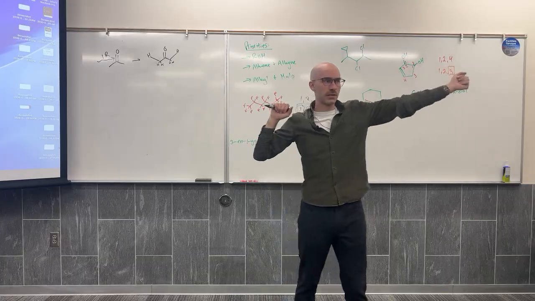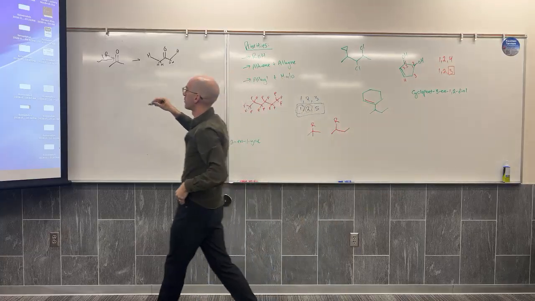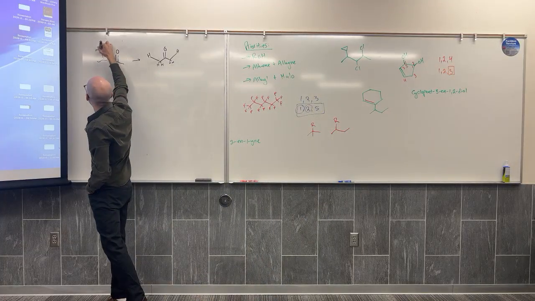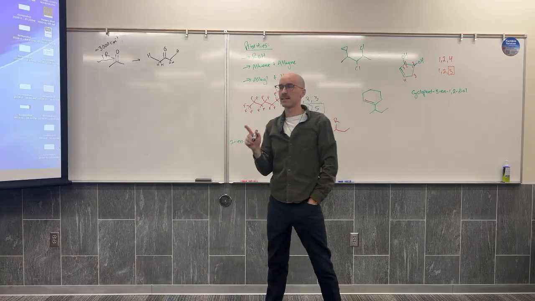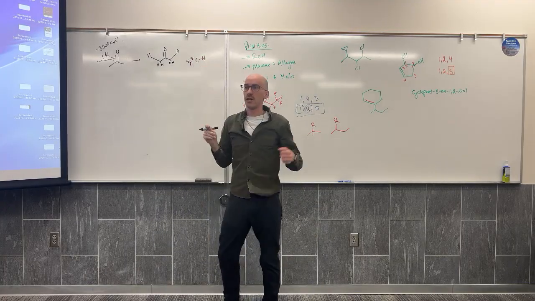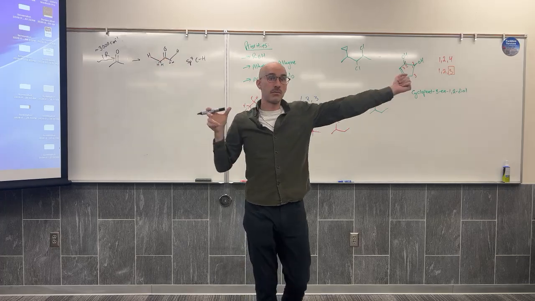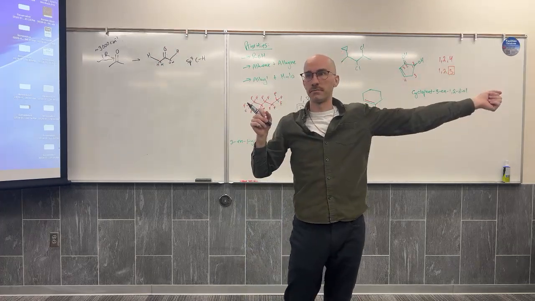And in this high frequency range, that's typically an asymmetric stretch. So this is IR light around 3,000 wave numbers, and it makes the sp3 CH bonds stretch. They absorb that frequency of light and turn it into kinetic motion.